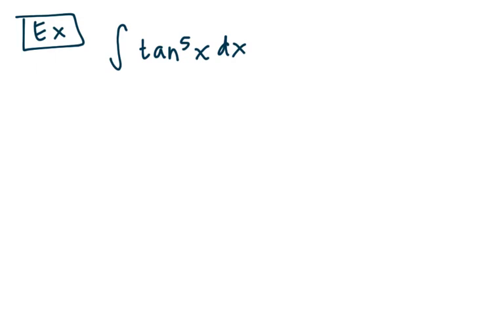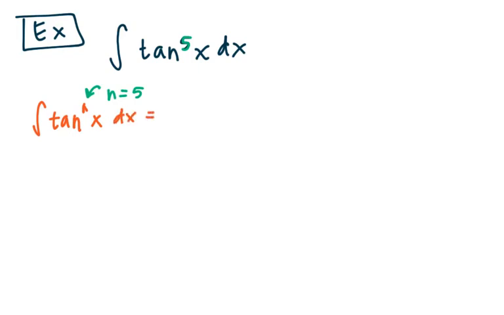So for this next example, we're going to look at tangent to the fifth power of x. So recall that reduction formula we had on the previous screen. We have the integral of tangent to the nth of x. So in this case, my n value is going to equal this 5.